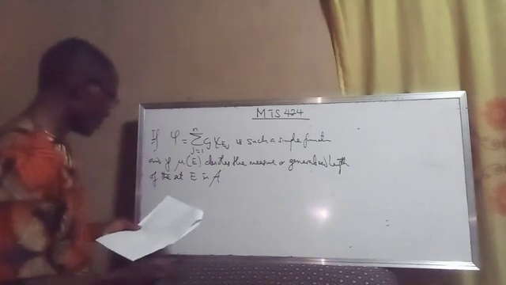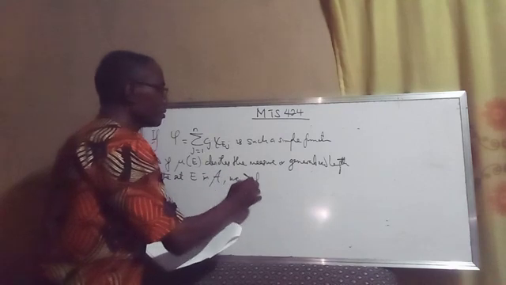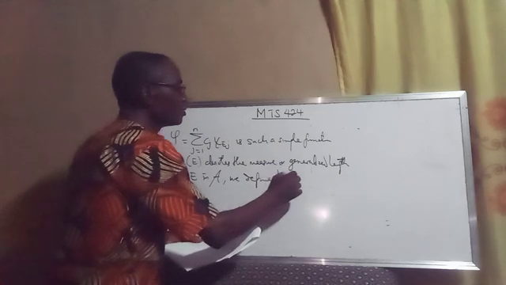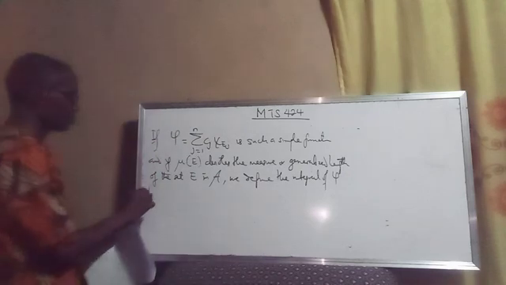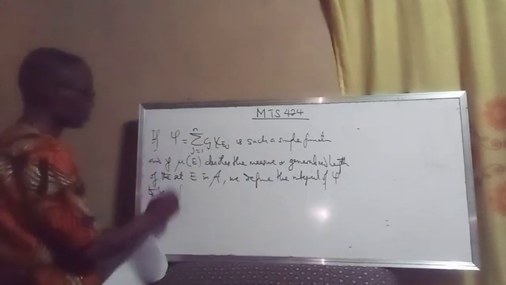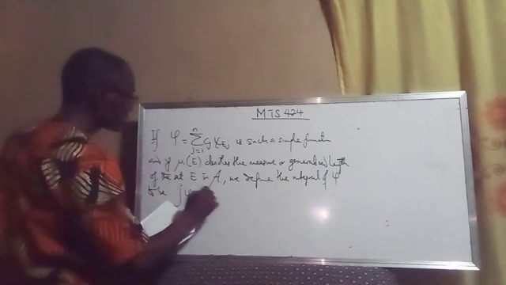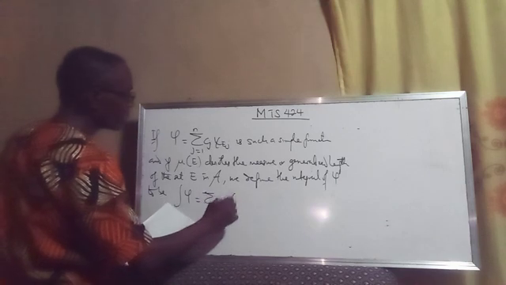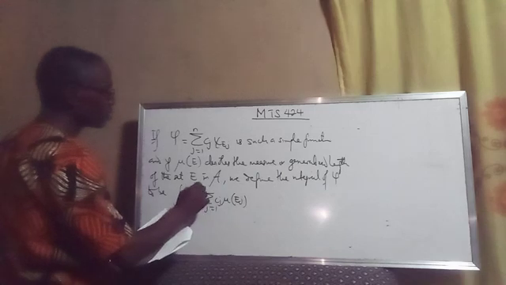In a class of subsets of set R, we define the integral of our step function to be what? The integral of our step function now will be defined this way: sigma Cj times the measure of Ej, j moving from 1 to n.